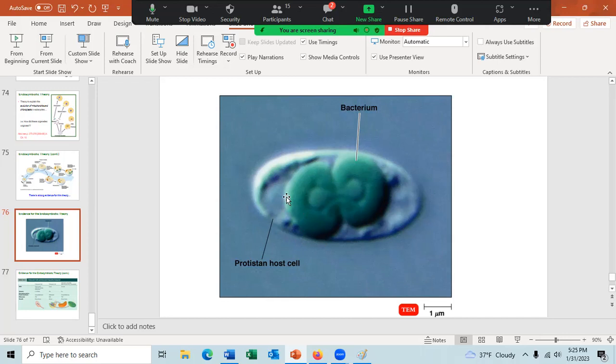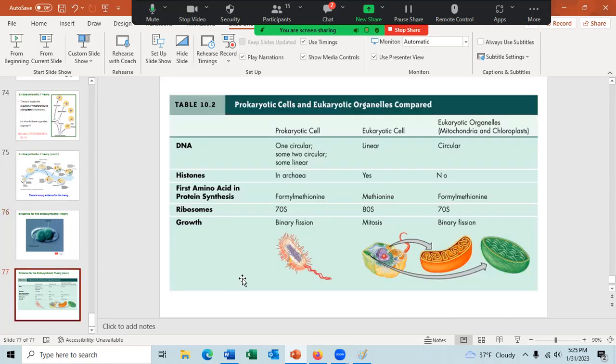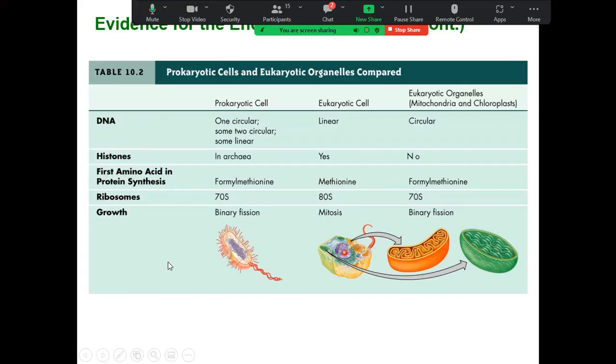So we actually see it today. And then some other evidence for the fact that the theory that the mitochondria and the chloroplast were once free living cells, which then became incorporated into a proto-eukaryote, which evolved into the eukaryote, is shown here.